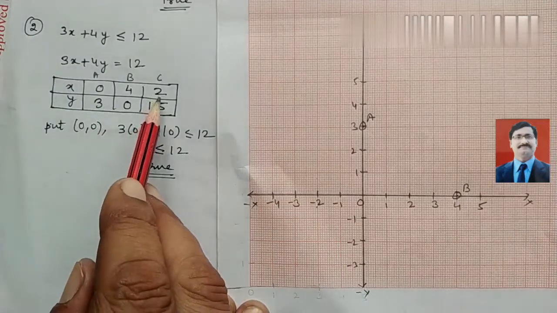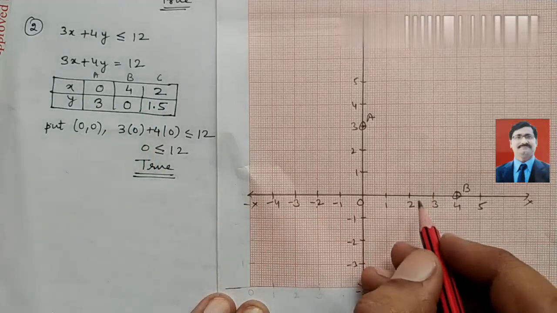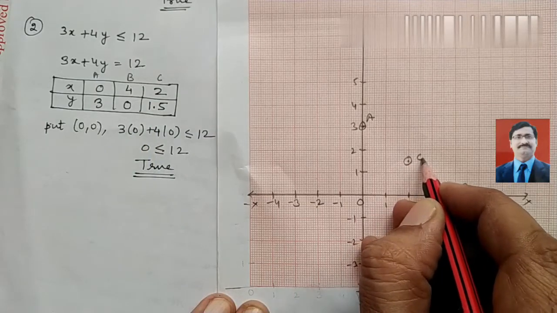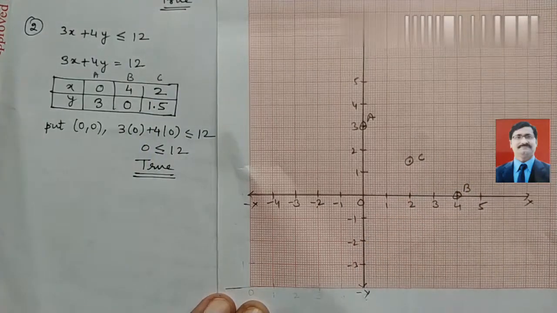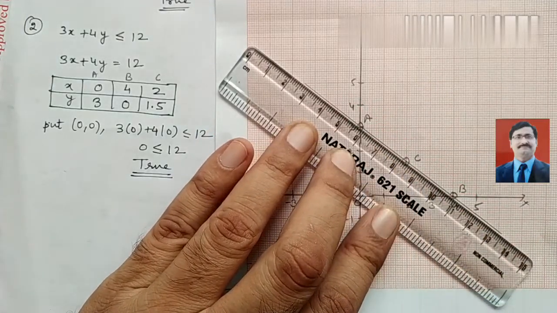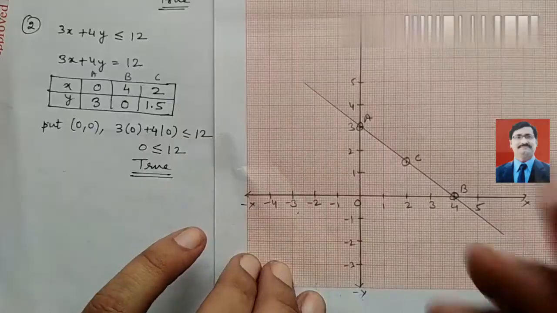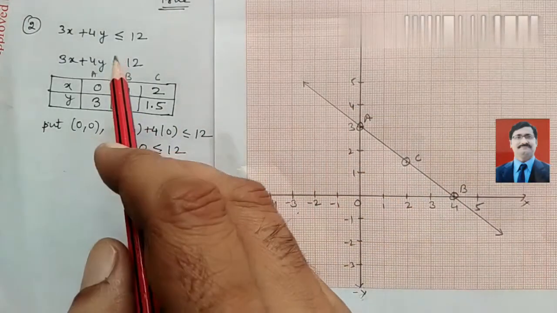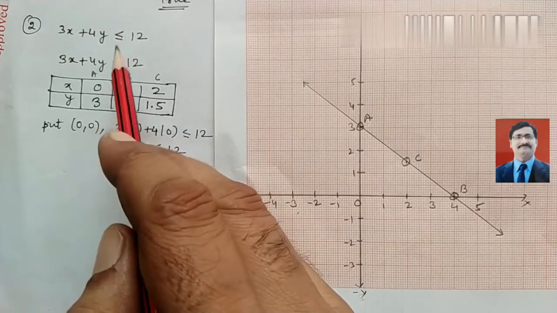And the C point is 2 and 1.5. This is x is 2 and y is 1.5. These are 3 points. So you mark a minimum of 3 points. You put your scale and join these points. We will get this line. Look here, we will draw it dark only, because here it is less than or equal to, as it is given to you.